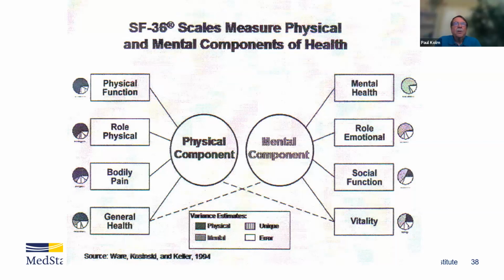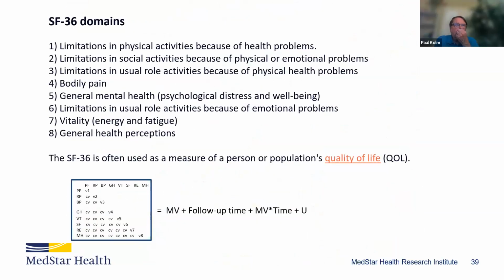And so what we want to do is model the profile here as a function of a valve replacement procedure, in this case, plus follow-up time and plus the interaction of time, and then we have our random variance for individuals.